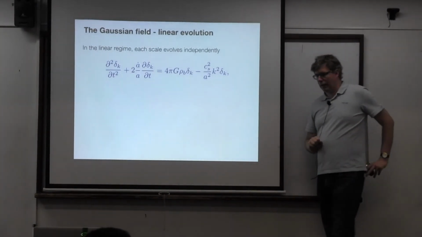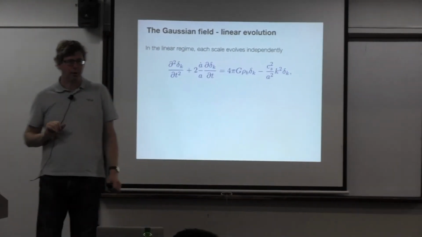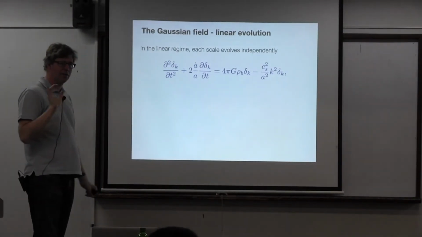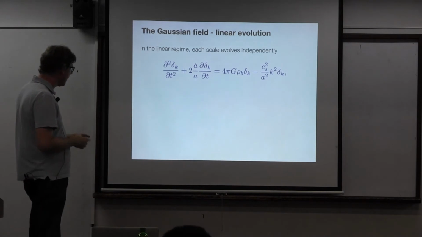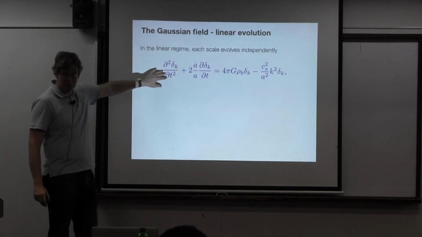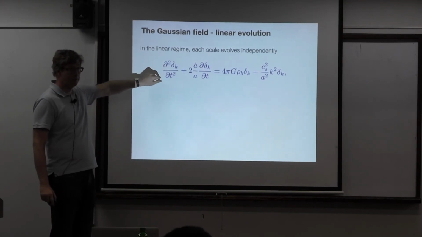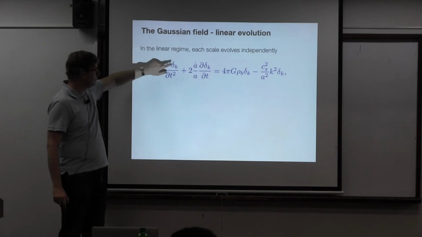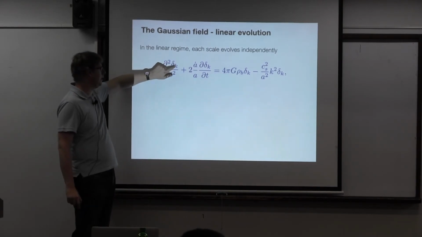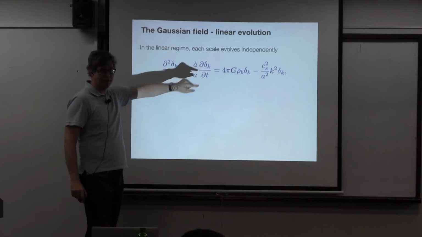Now, there's one thing. I talked about these different scales, and there's one thing that's very nice about linear theory. I've taken this perturbation equation we had earlier, and I've taken the Fourier transform of that equation. What comes out is that each k here is independent.